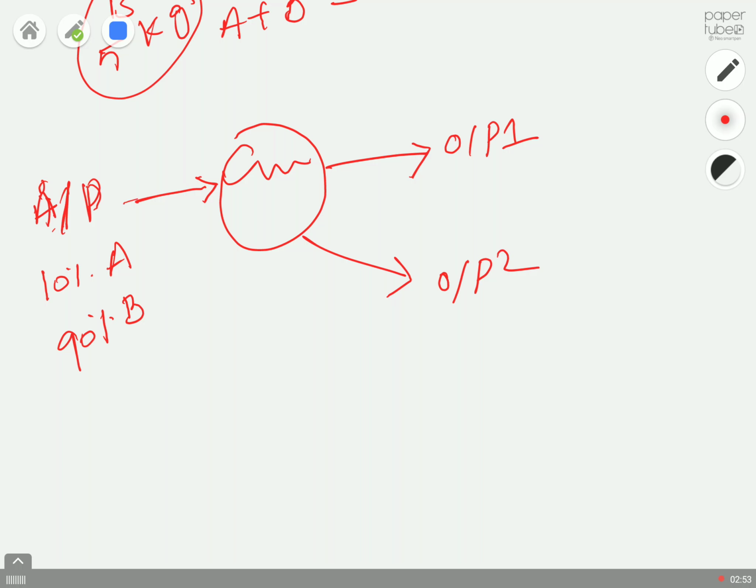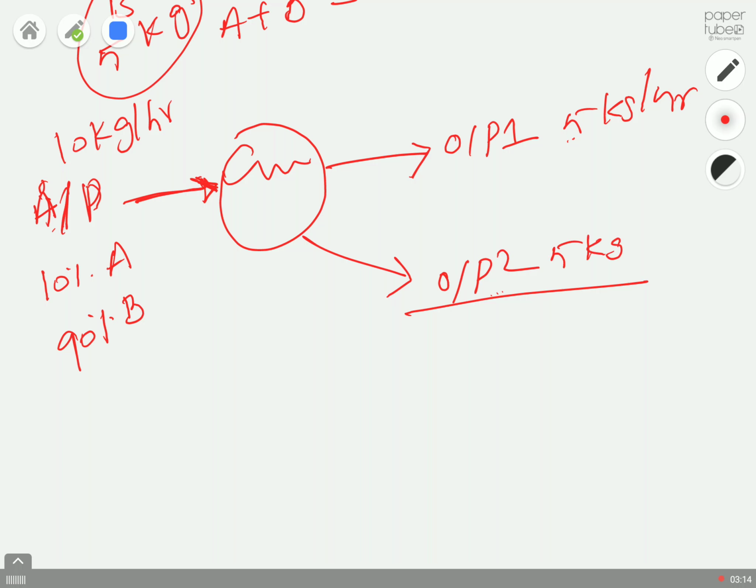The input stream is 10 kg per hour, and output stream 1 comes out at 5 kg per hour. So 5 kilograms of mass comes out every hour, which means output 2, the second output stream, must also be 5 kg per hour.